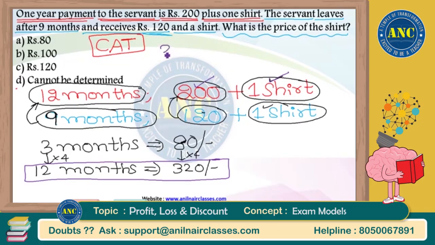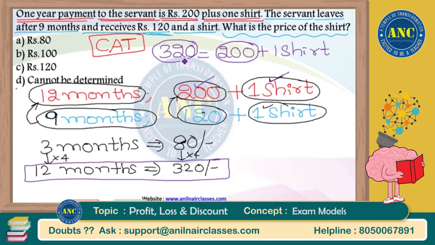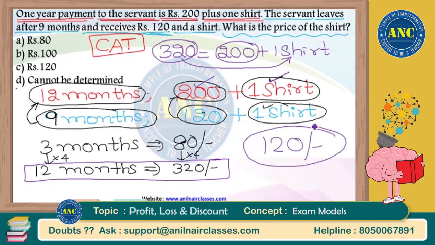If I like only money, if I work 12 months, I would have got 320. But my boss said, no, I will give you 200 rupees and I will also give you 1 shirt. That means, instead of giving 320 rupees, he gave 200 rupees. For another 120 rupees, he gave 1 shirt. That means, what is the price of the shirt? Price of the shirt is 120.